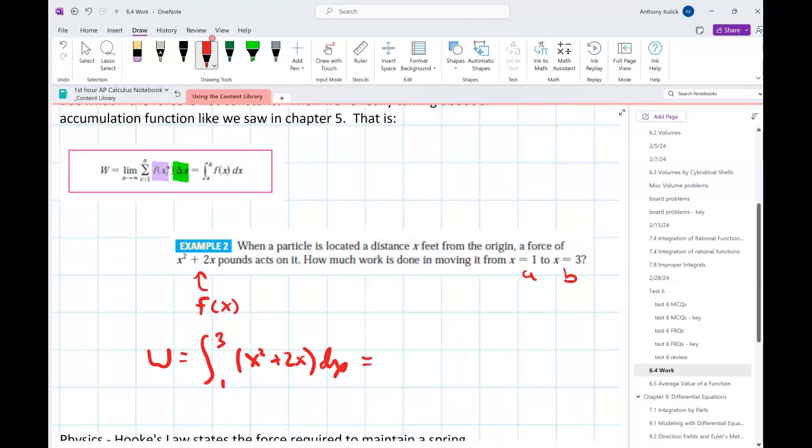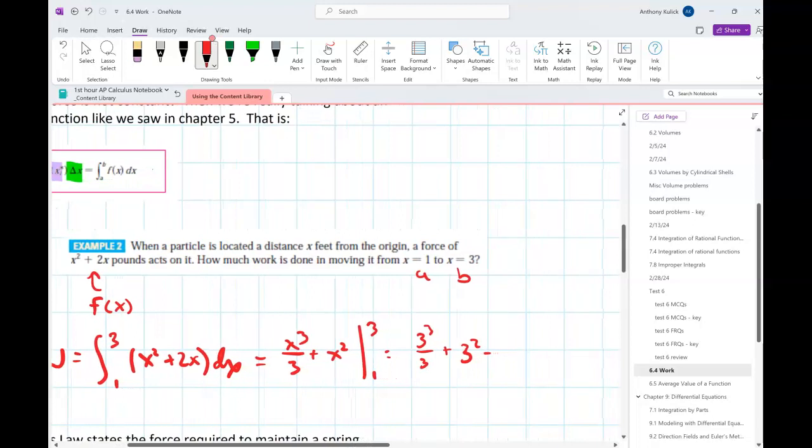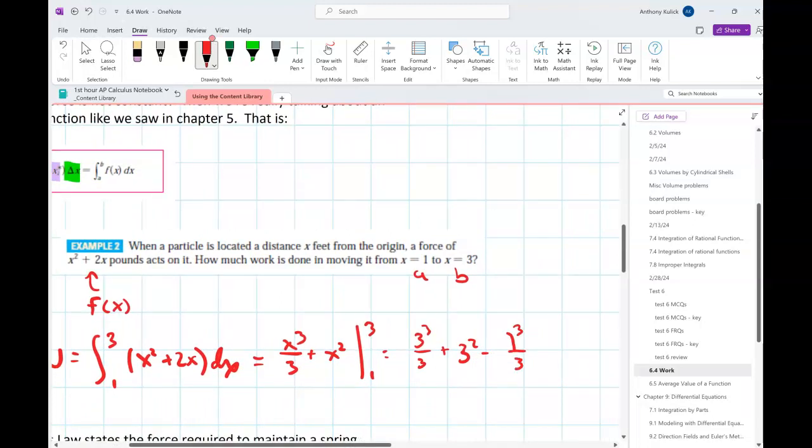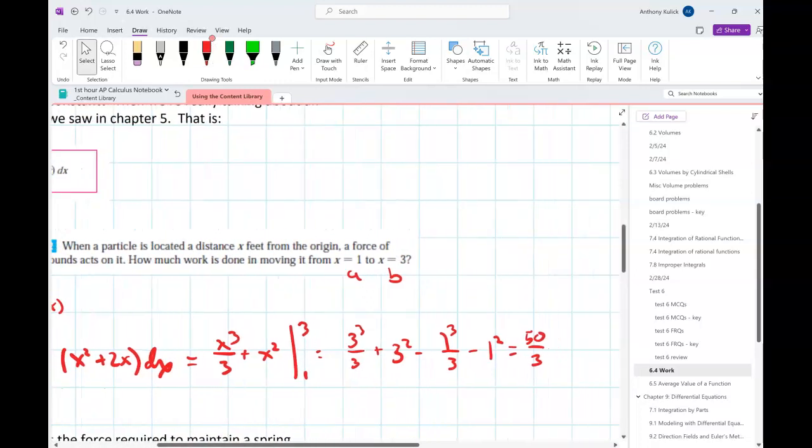So if you grind that through, the antiderivatives of those things would be that, and we plug stuff in. And that comes out to be 50/3.